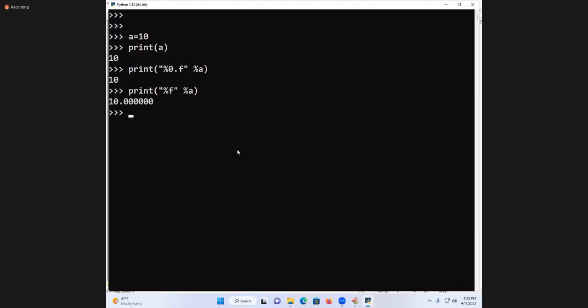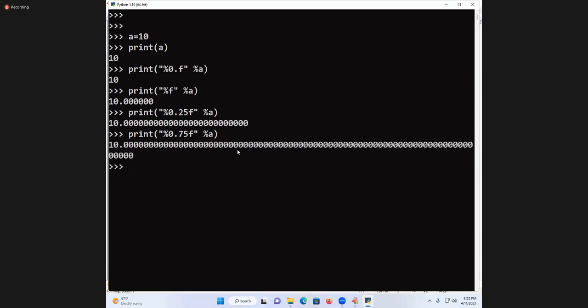I mean 10 point, after that 6 zeros printed. Even if I say 25 digits, it is also printed as 10.000 only. So it never loses its integrity, it never loses its correctness. I'll say 75 also. 10 is 10 only.